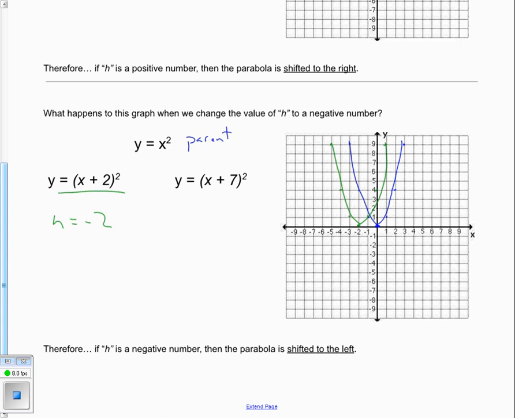So if we look at this example, where we've got y is equal to x plus 7 all squared, where the h value is actually -7, then again, it is shifted horizontally 7 units, but it still goes over 1, up 1, over 2, up 4, over 3, up 9. So again, the h value determines the horizontal shift, and that's probably the key to remembering it: h stands for horizontal shift.